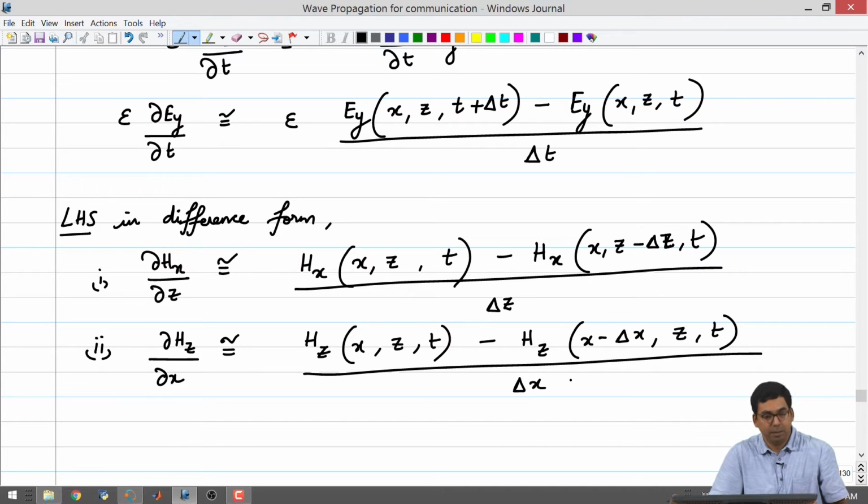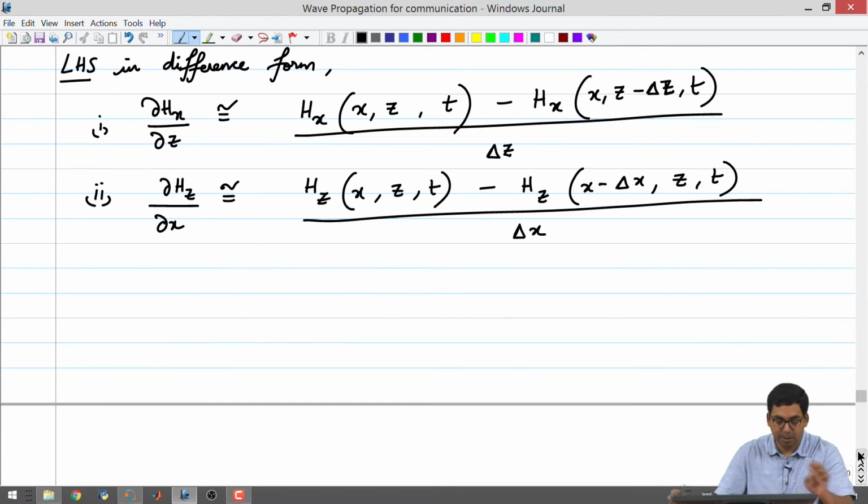This would be the difference form. So, we have to take the left hand side, right hand side, equate, push one unknown quantity to the left side and have all the other quantities to the right side. So, okay, in this case I will just write down the expression that we will get.